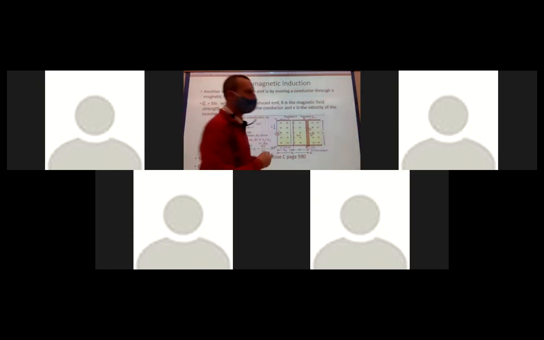Okay, so this formula is the same formula that we had before for that induced current, that induced voltage, right? The formula we had before was E equals change in flux over time, right?